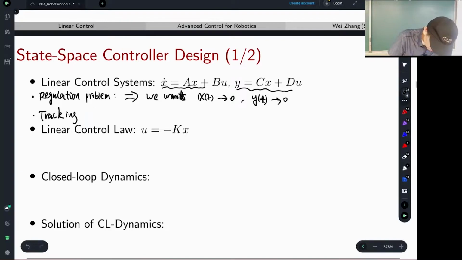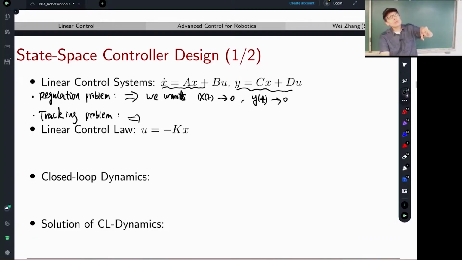In this case, we can somehow reformulate that as a regulation problem. Most of the time we can do it.